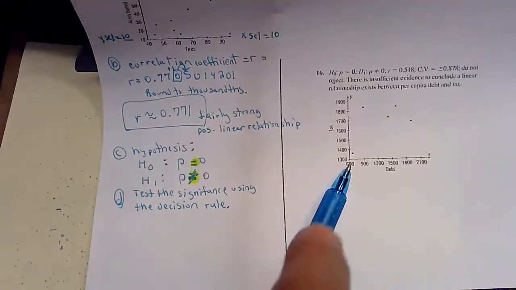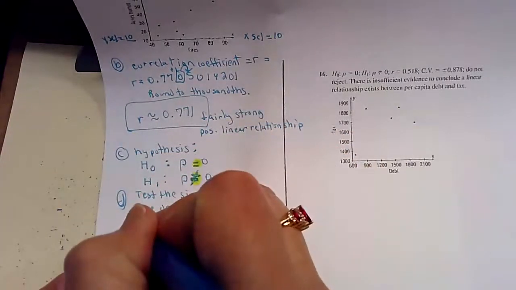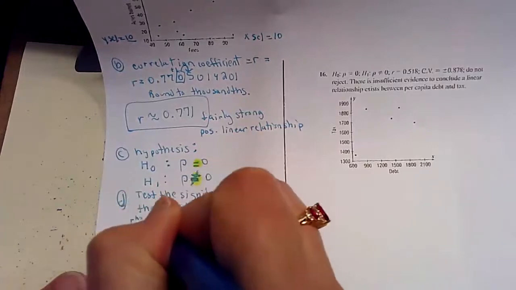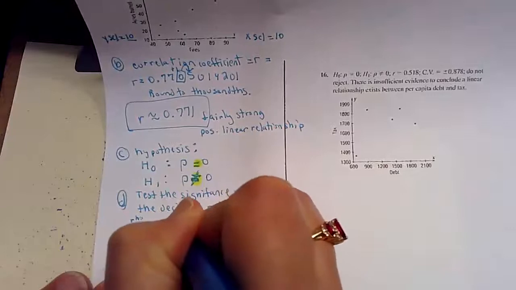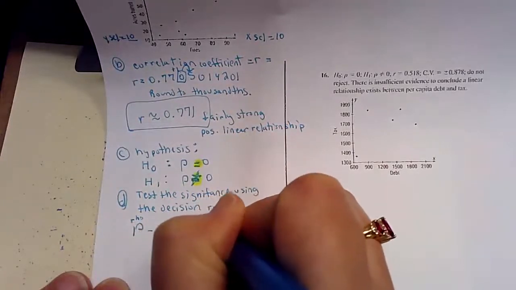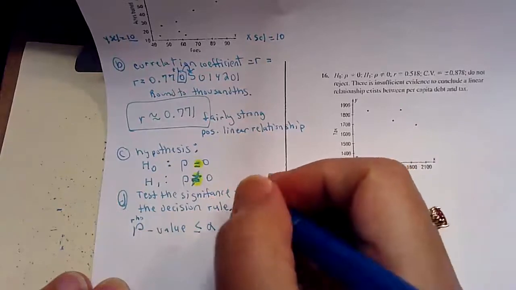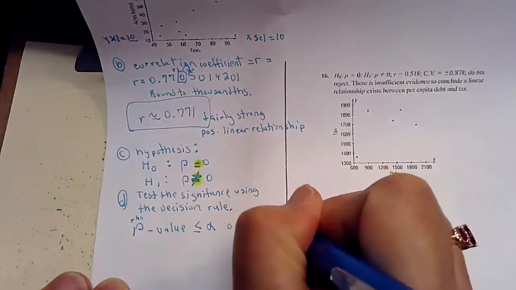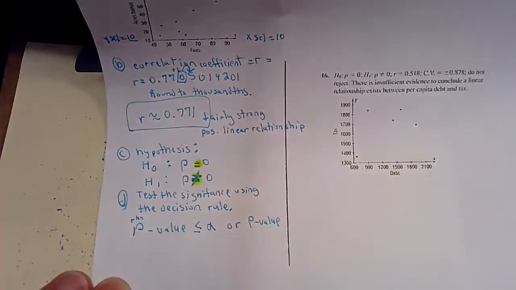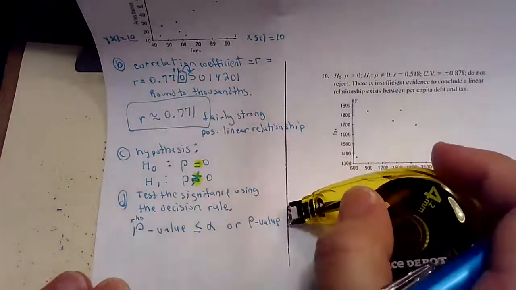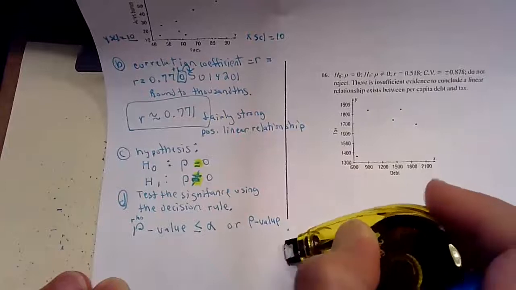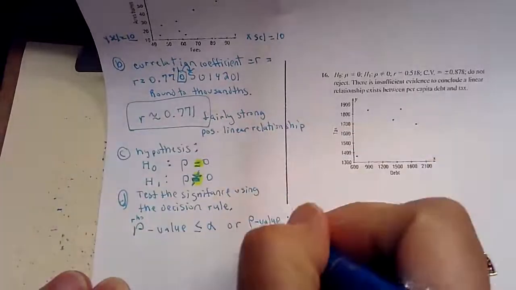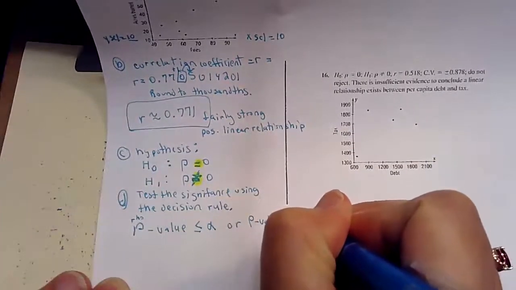Now let me talk about that. Let me write this down here in this paper, and then I'm going to go back and read that. I'm getting this from our paper. So we have our rho value less than or equal to our alpha, or we have a rho value greater than alpha.